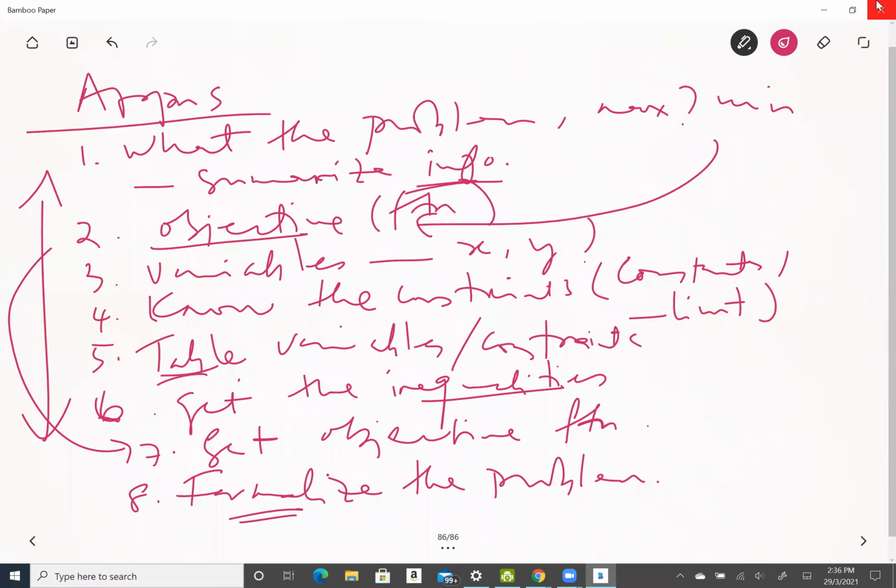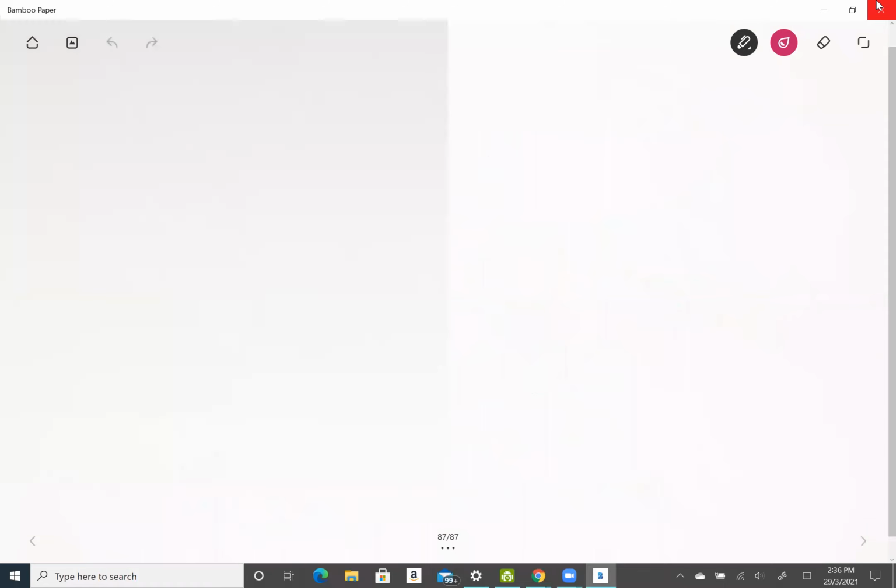Okay, good. So now let's go to example number 2, to get the idea for this kind of thing. We look at example number 2 in 4.2. Now, if you look at that example, we already have done the inequalities.